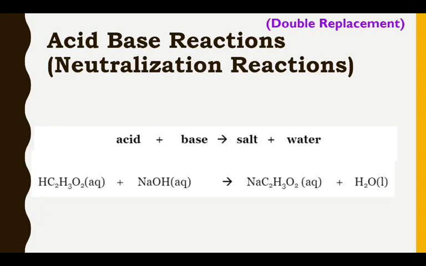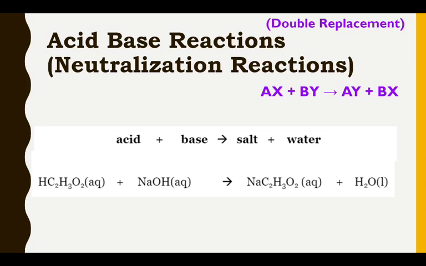So just like last unit when we were predicting those precipitation reactions, this generic equation that we learned about our double replacement reactions, this idea that the two compounds that are reacting could be considered AX and BY. And when we mix those together, they're going to switch partners and make two new compounds, AY and BX. And that is still what's happening here.